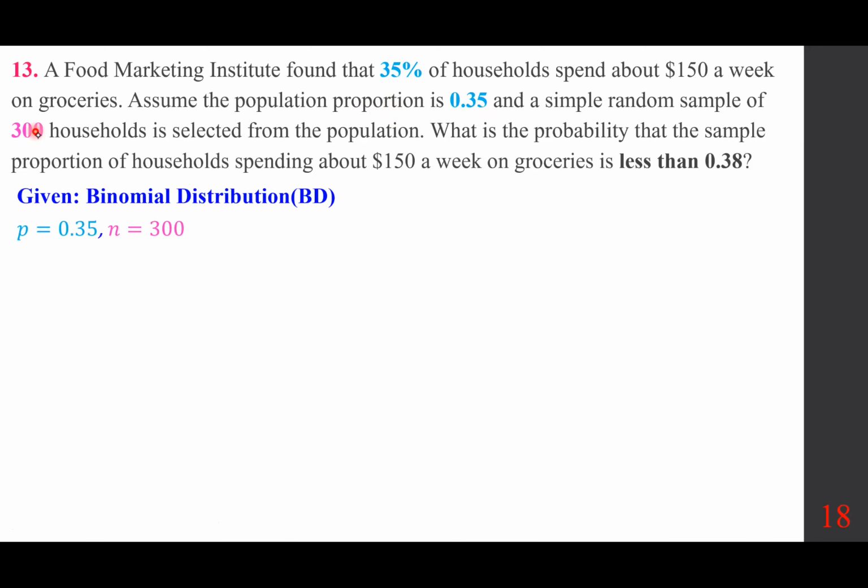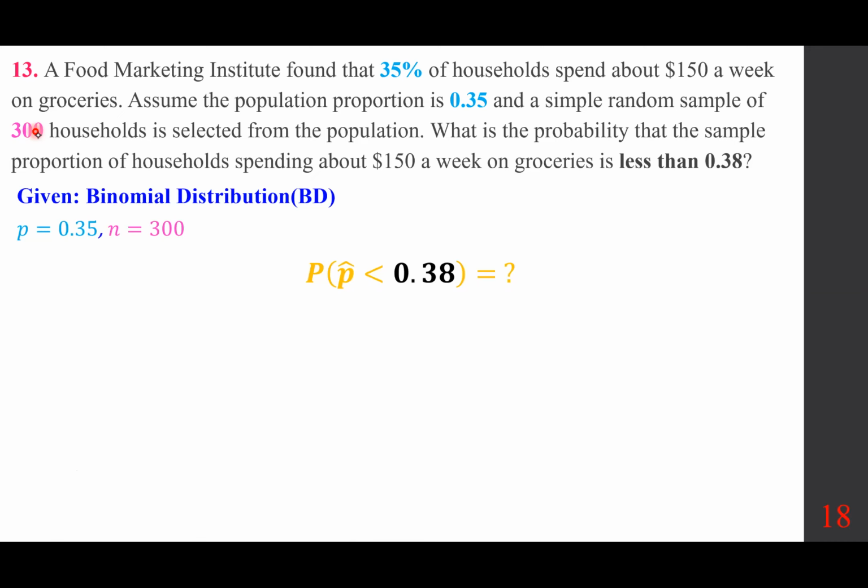And NP and NQ are large. Therefore, we can use the approximation to binomial distribution by the normal distribution.